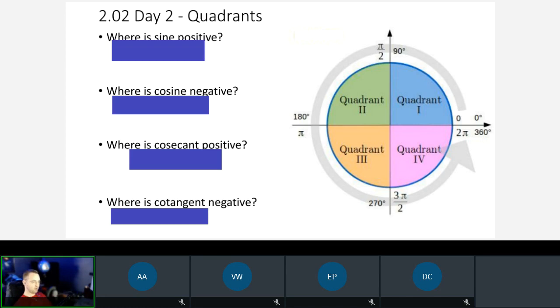All right. So remember, sine is y, cosine is x, tangent is y over x. So that's important for this question. So think about the unit circle, the quadrants. So where is sine positive? Which quadrants?